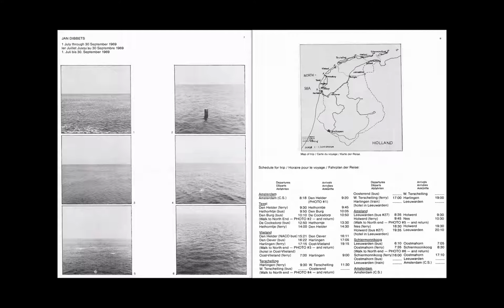And these photographs, the hand-drawn map and the information on departure and arrival times, were really the only form of documentation of Dibbets' work. Even if you hadn't actually made the trip, the work existed through that documentation. So what appears to be merely a collection of facts suddenly also assumes the status and the function of the work itself. And this approach is very characteristic for many of the conceptualist practices in the 1960s and 70s.